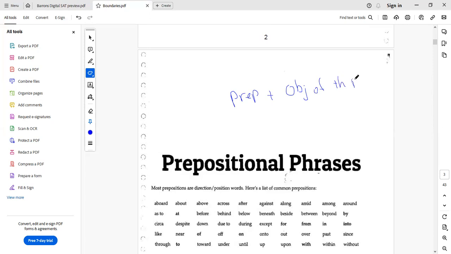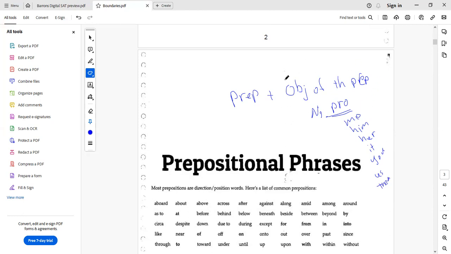And the object of the preposition must be a noun or a pronoun. And the pronoun must be an object pronoun, like me, him, her, it, you, us, them.